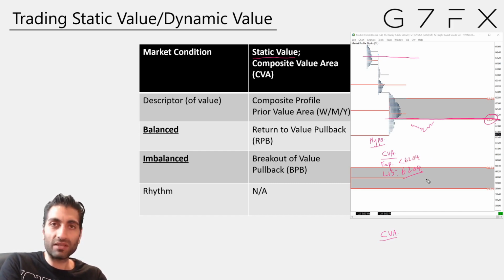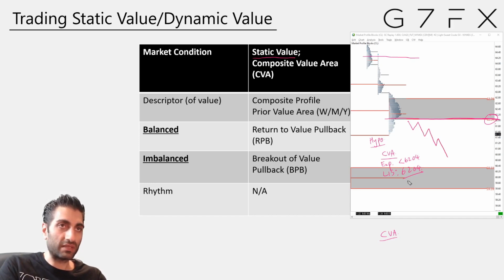Now I could write imbalanced here, but I would write breakout of value, right? Because if you think about it, what is my expectation below here? It's for us to break out of value, pull back, and keep pulling back.